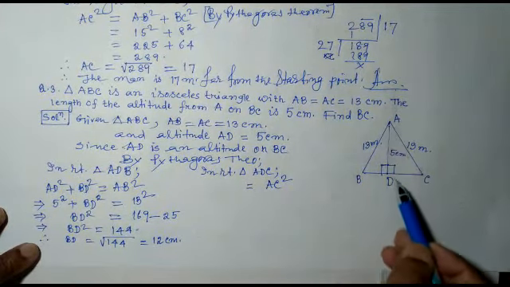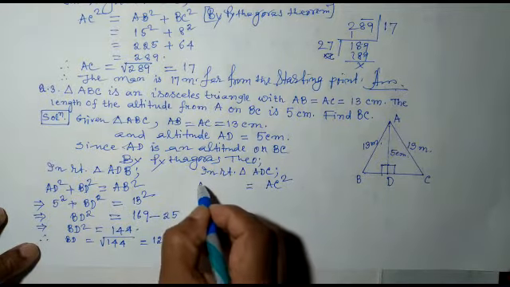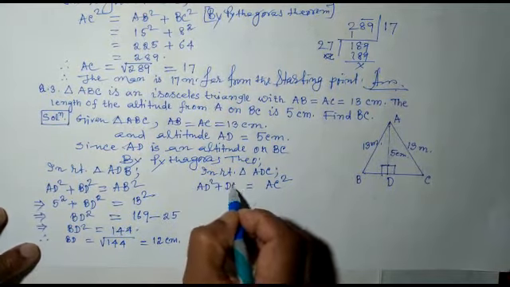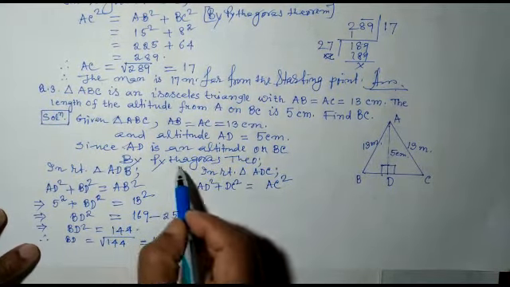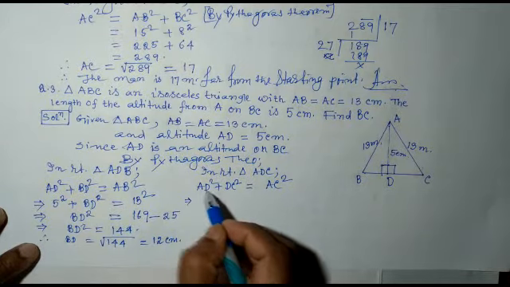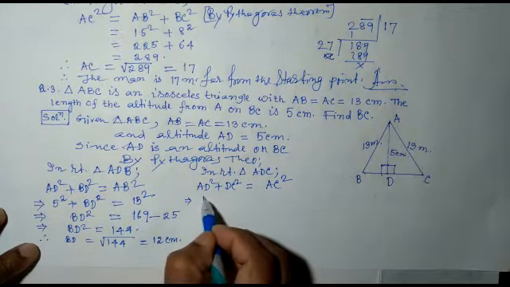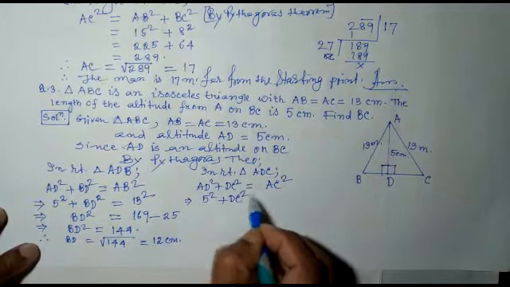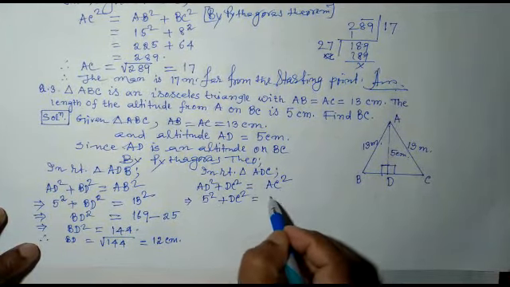Other two sides are AD and DC. So we can write here AD square plus DC square. We have written already by Pythagoras theorem. The value of AD is 5, it is 5 square plus DC square, we will find. AC value is 13.